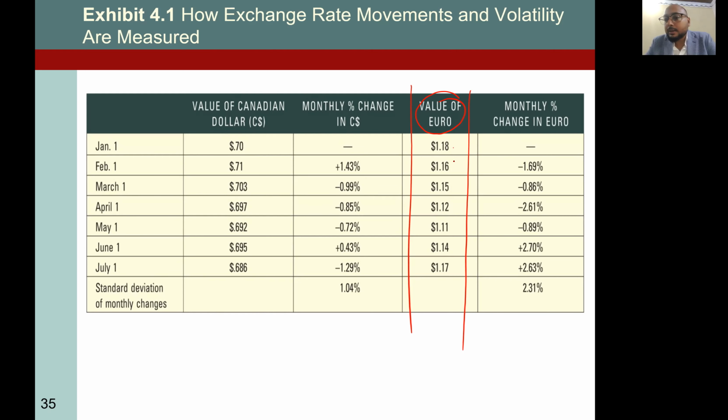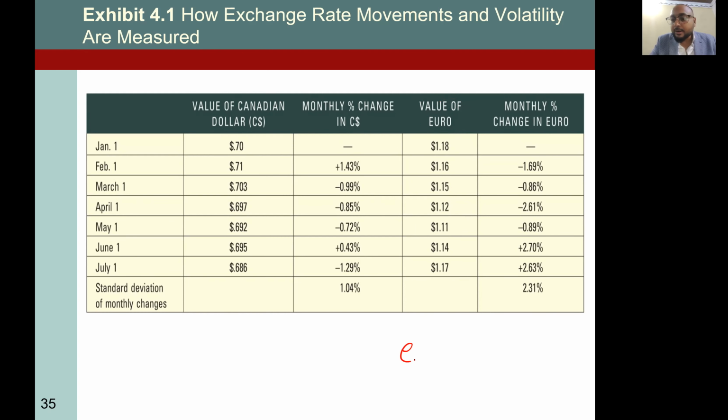See, the value of the dollar is, sorry, the value of the euro is depreciating. So if the euro is depreciating, it means the dollar is appreciating, and vice versa. So how are we going to write this?